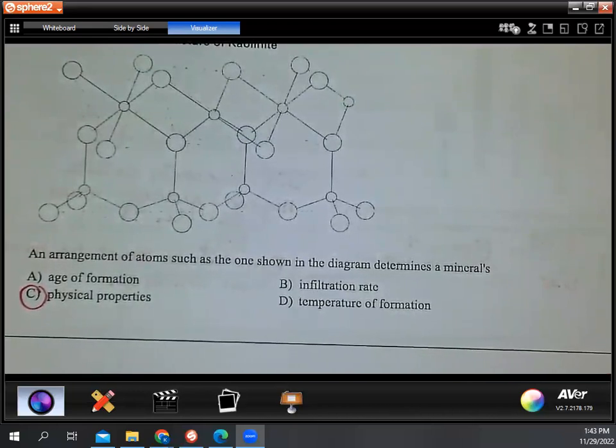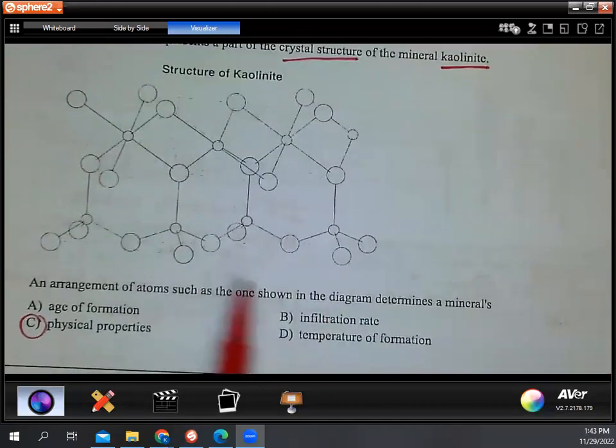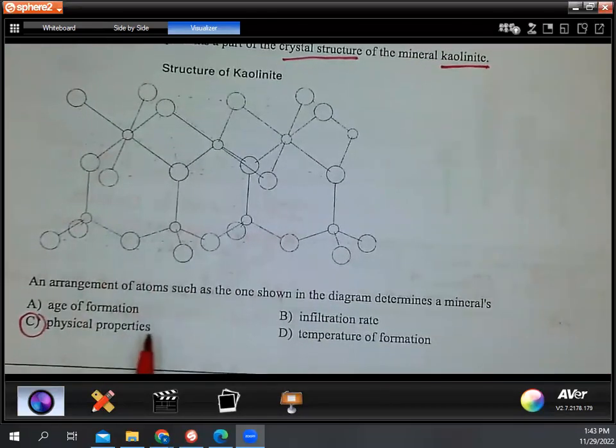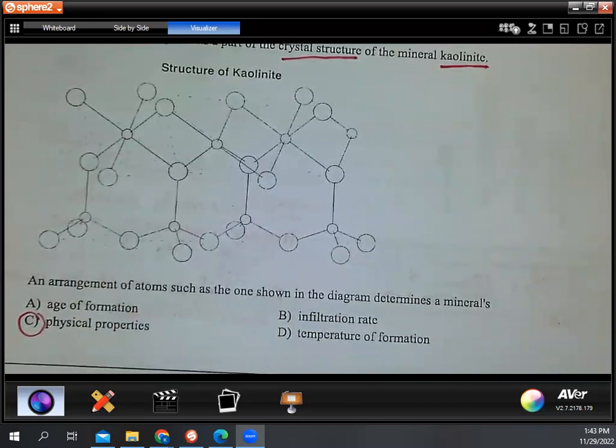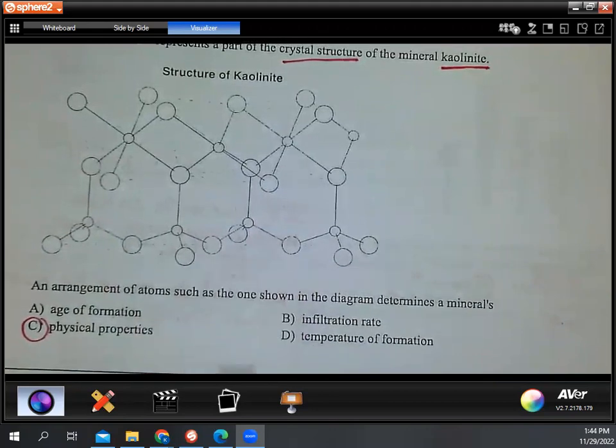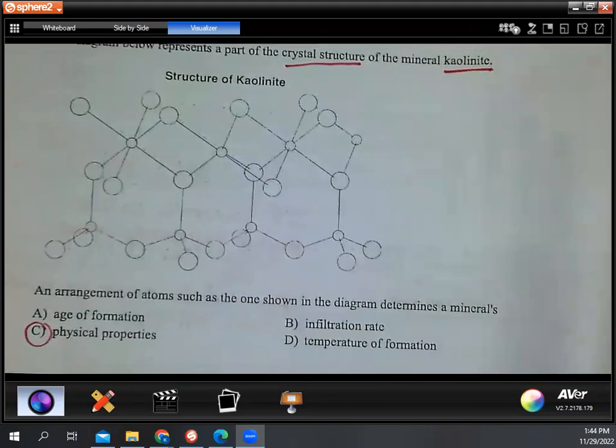We talked about that the internal arrangement of atoms, that's what this is, are responsible for all of the physical properties we see of the mineral. Physical properties can be things like their luster, their hardness, their streak, their color, how they break, any special characteristics they have. So 6 is safe.